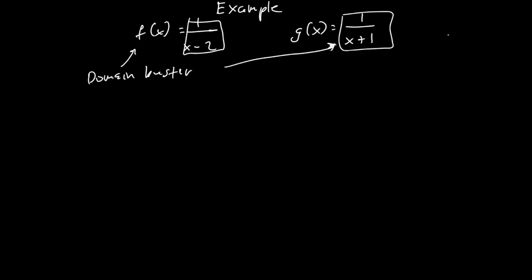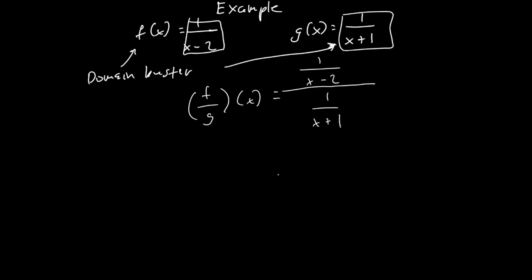Now finally on to division, we get f divided by g of x equals, now we get f of x here, 1 over x minus 2, divided by 1 over x plus 1.